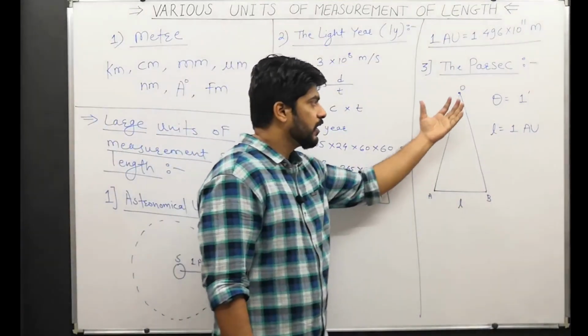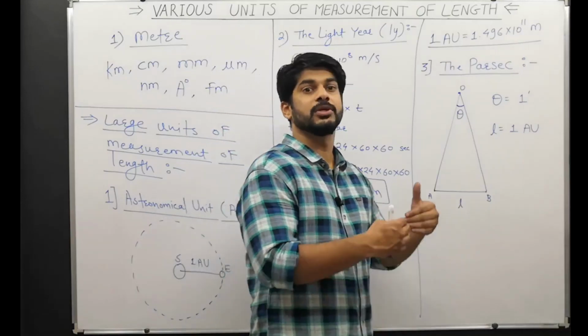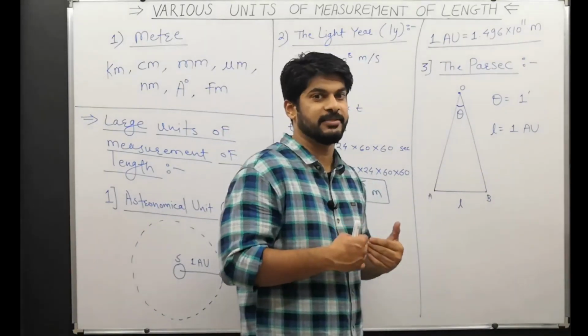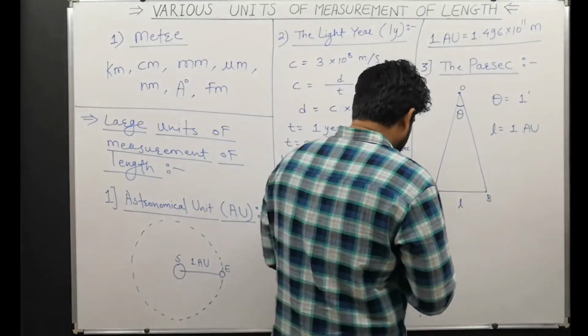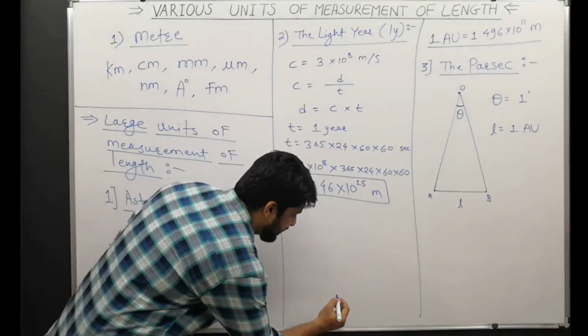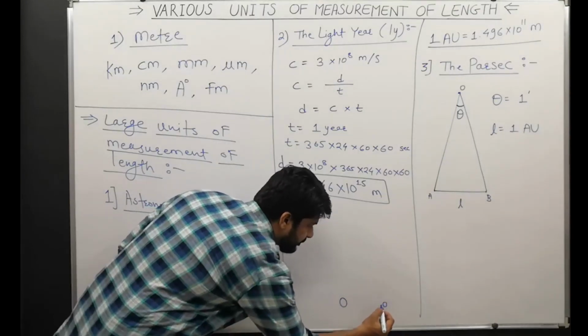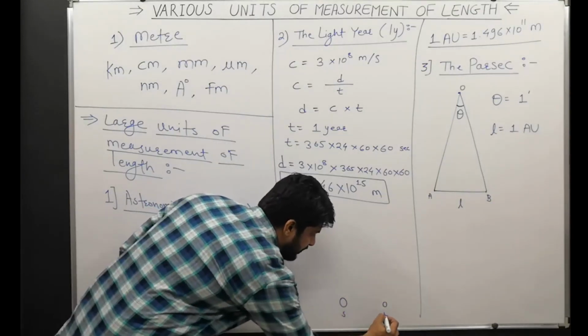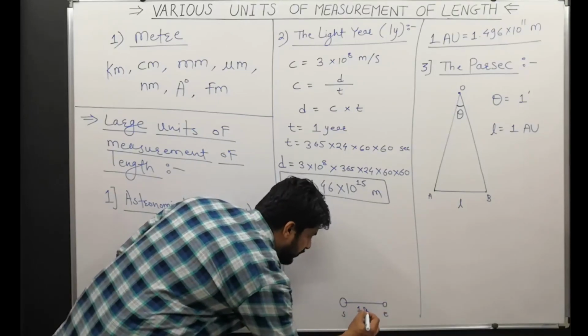Generally this parsec is used for the measurement of distances to the stars from our galaxy, or from our solar system at least. So I will use that as a reference. Let's say this is the sun, this is the earth, and this is 1 astronomical unit.